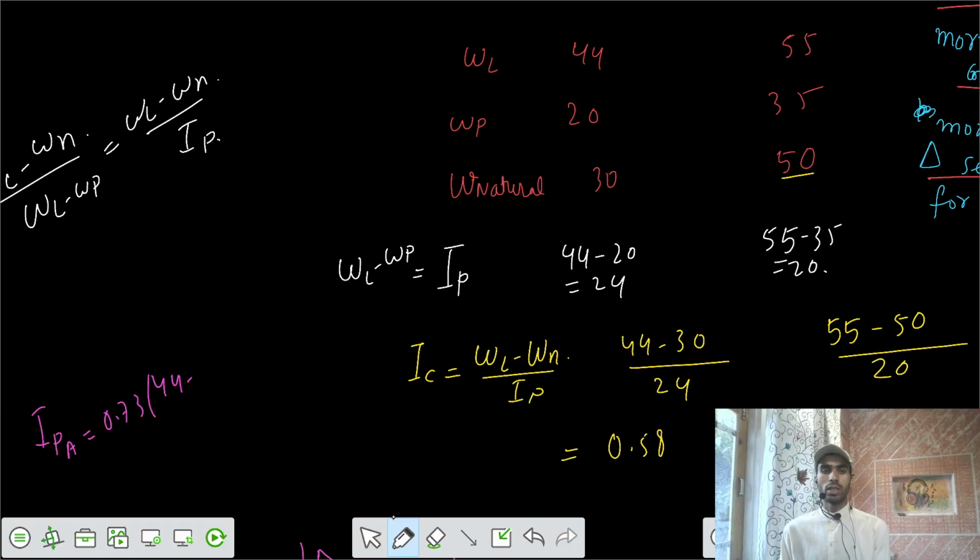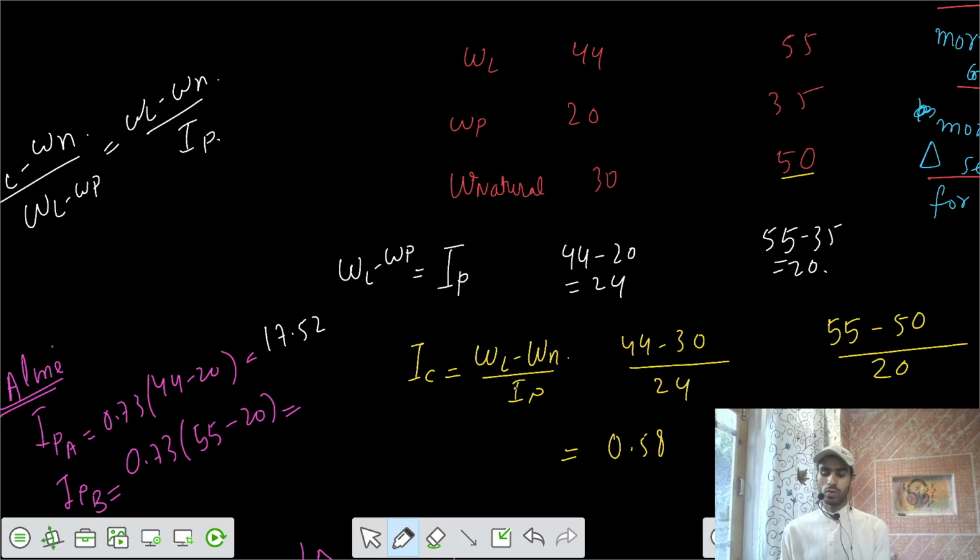For the first soil, it comes out to be 17.52, and for soil B, the IP on the A line comes to 25.55.